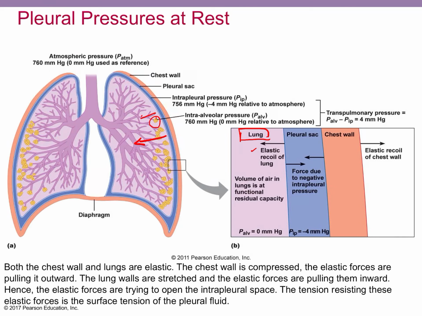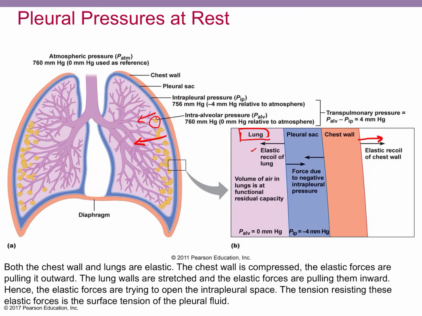So the intra-alveolar pressure, right, is also going to be sort of a pulling in pressure. Now, what pulls outward? It turns out that the chest wall has its elastic recoil, but the elastic recoil of the chest wall is the opposite of the lung. So the recoil is outwards.